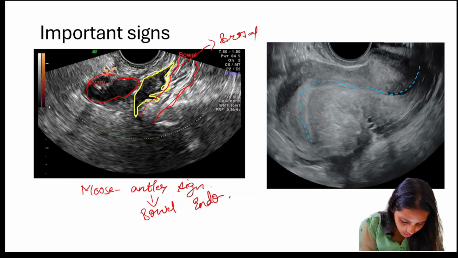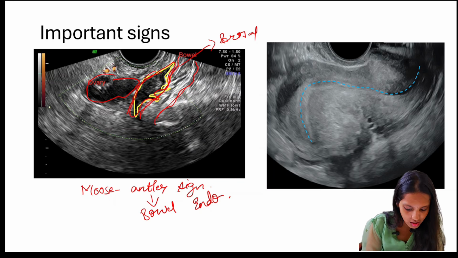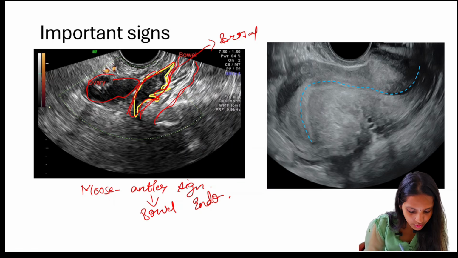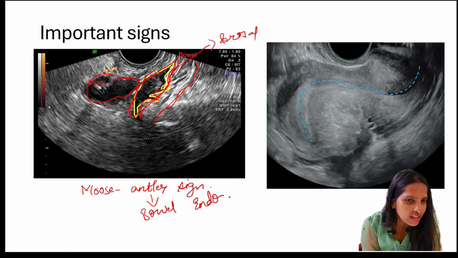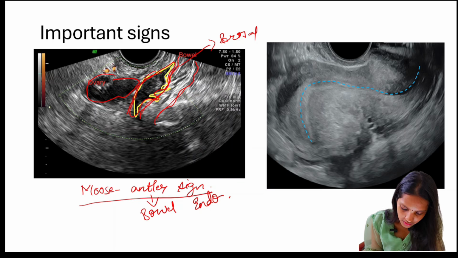Here we can see that the outer layer of the bowel and the uterus is forming a deposit, or an irregular hypoechogenic lesion is found there. That's taking the shape of the moose antler. That's classically described as the Moose antler sign.